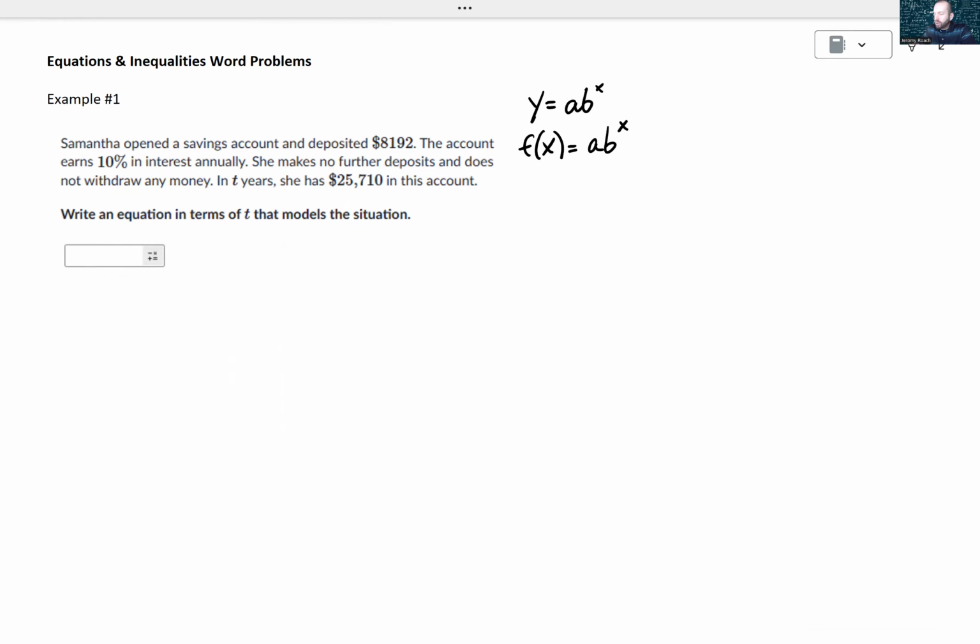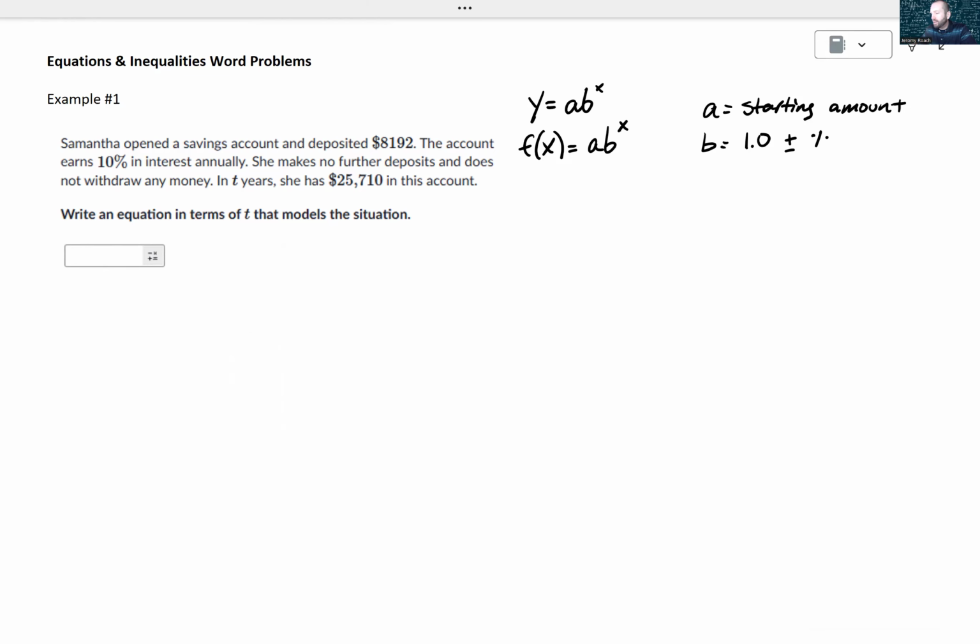A is our starting amount. And B is usually written as a percentage where it is either 100% plus whatever the percent is as a decimal or minus whatever the percent is as a decimal.